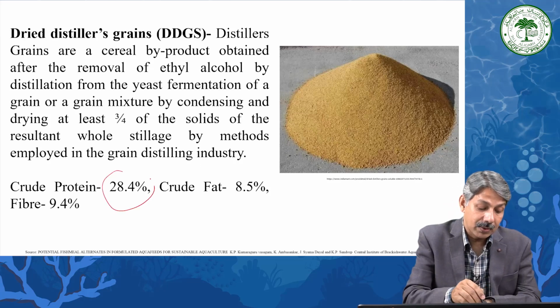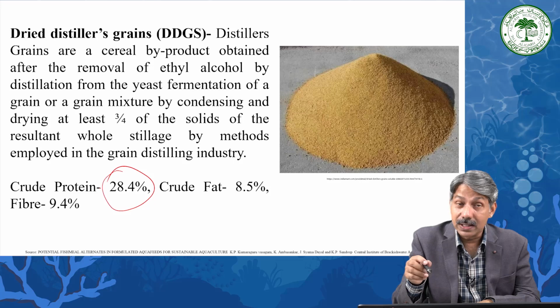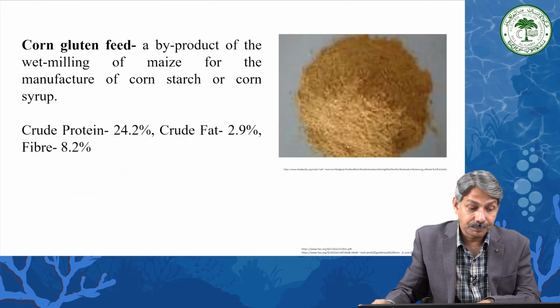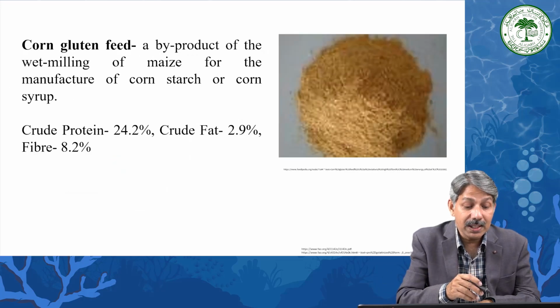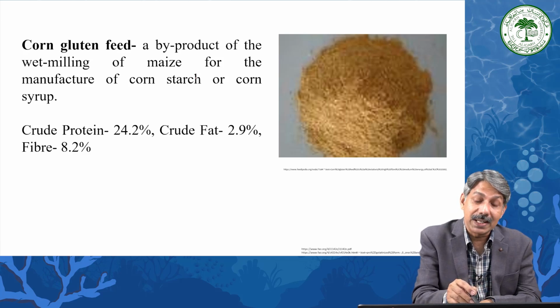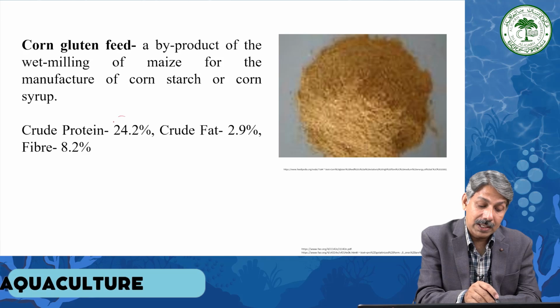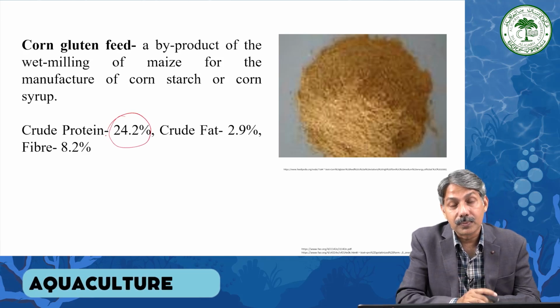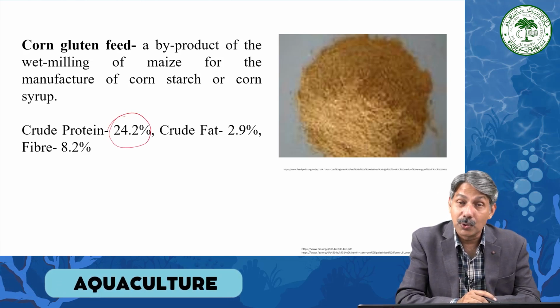Crude protein here you can get more than 28.4%. Corn gluten feed, a byproduct of the wet milling of maize for the manufacture of corn starch or corn syrup. Here you can get a protein percentage of more than 24%.